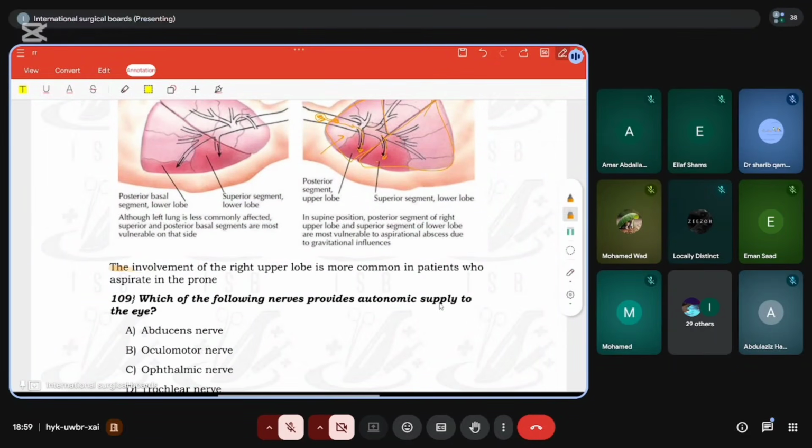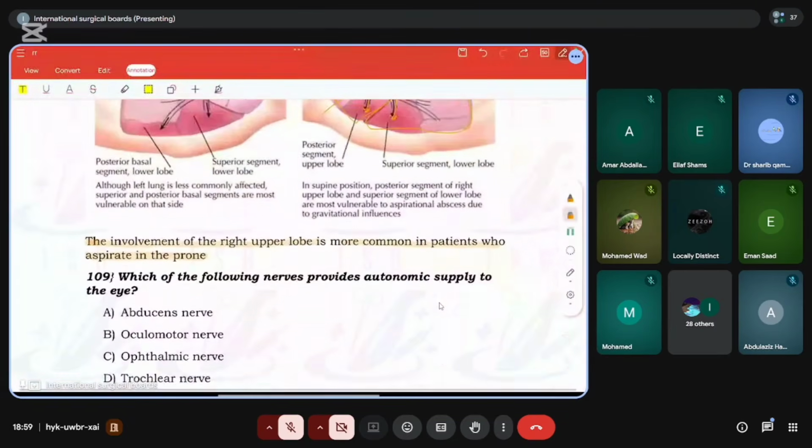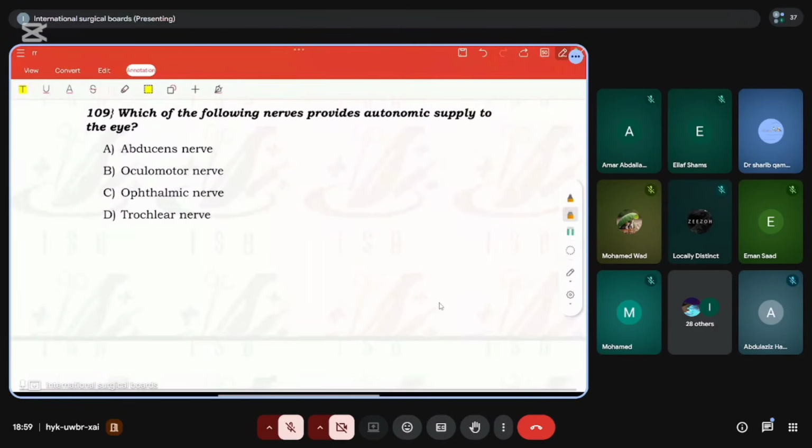The involvement of right upper lobe is more common in patients who aspirate in the prone position. That's from NCBI PubMed, okay? When prone, the upper lobe is more likely. Upper lobe. Okay, anyway. Let's see the next question.